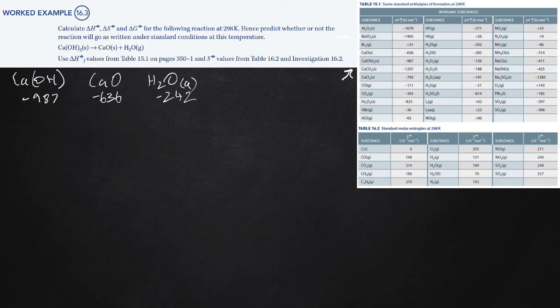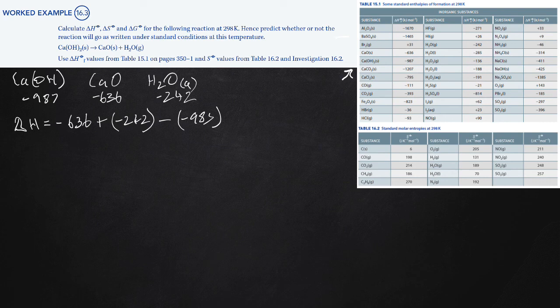Okay, so now we need to do our change in enthalpy. So this is going to be the sum of the enthalpies of the products minus the sum of the enthalpies of the reactants. So let's go ahead and put in negative 636 plus our water vapor, which is minus 242, minus the enthalpy of the reactants, which is calcium hydroxide, so that'll be negative 987.